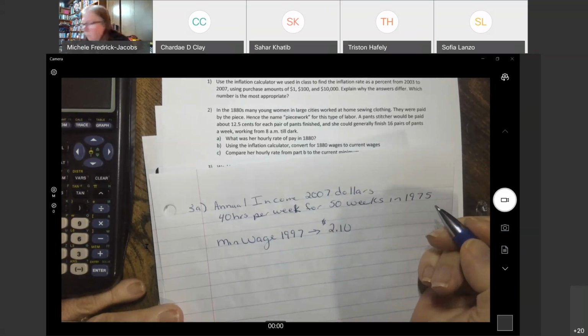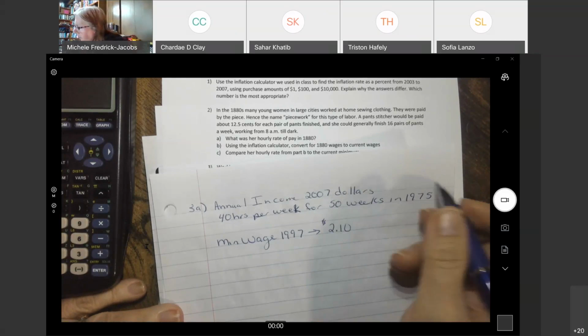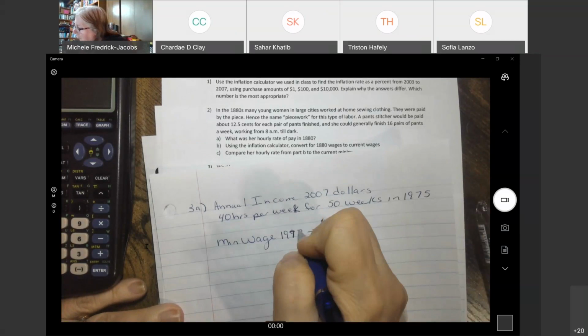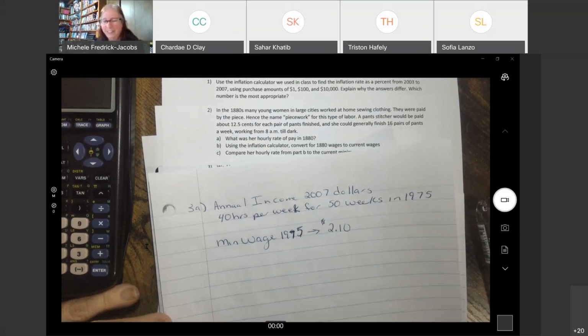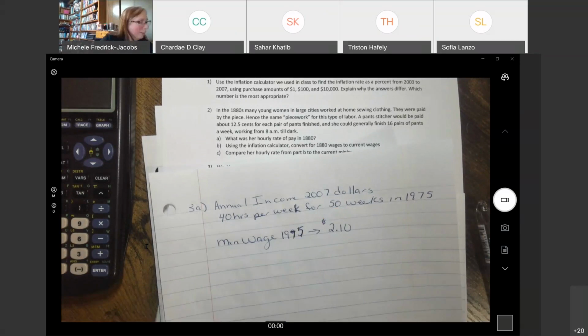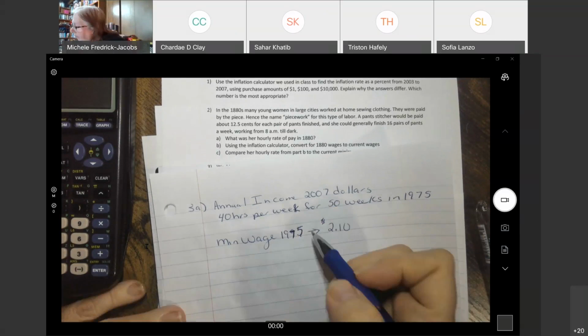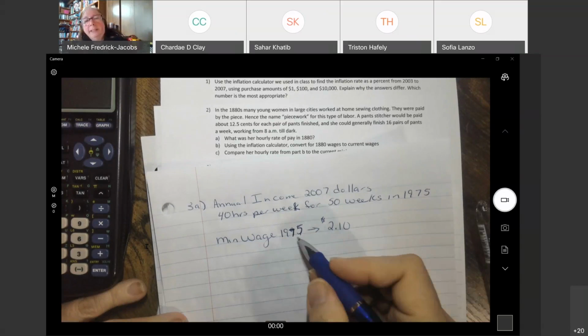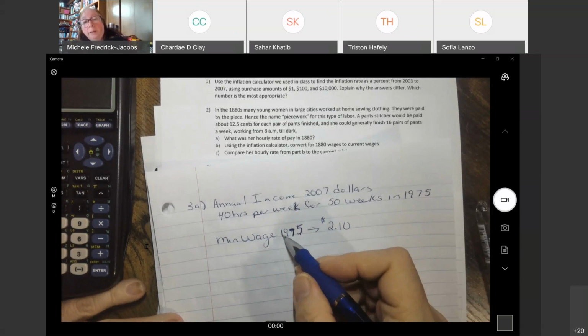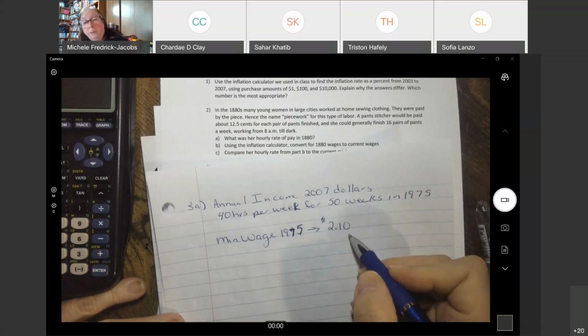Yep. Switch gears. I think that's what we were using before, huh? Maybe. Okay, everyone's seeing the $2.10, and it started in January, and it was the whole year, so it's 2.10.